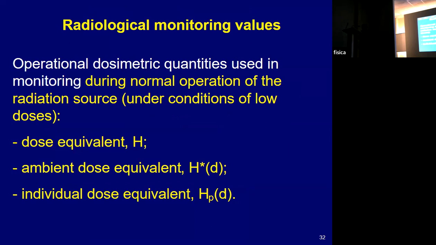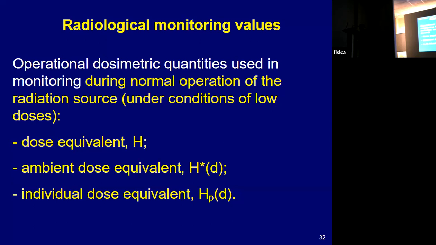Normalized values, equivalent and effective doses, cannot be directly measured. They can be calculated from measurements of basic dosimetric quantities characterizing the radiation field, or estimated from measurements of operational dosimetric quantities characterizing the radiation field and its interaction with the human body. So, external exposure monitoring uses dose equivalent as a main quantity for evaluating other radiation monitoring quantities.